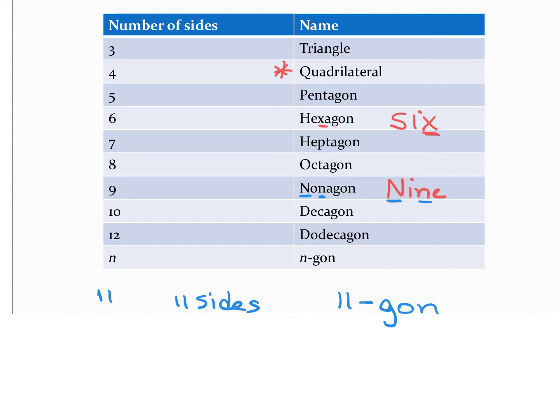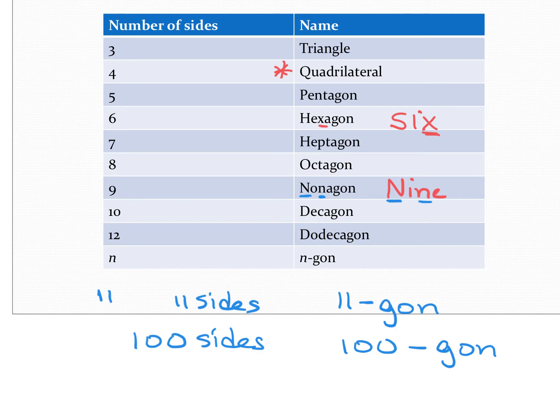If you had 100 sides, then you would write 100, the dash, and then G-O-N. So the only ones you need to memorize here are the ones that are listed. Anything else, it'll just be a number, and then the letters G-O-N.